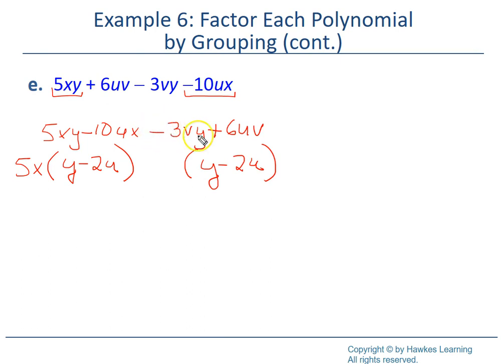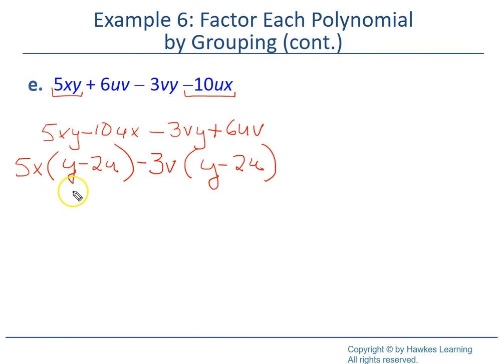But notice that my signs are messed up. So what do I take out of this so that I end up with this? And if you said a negative 3v, then you hit pay dirt.